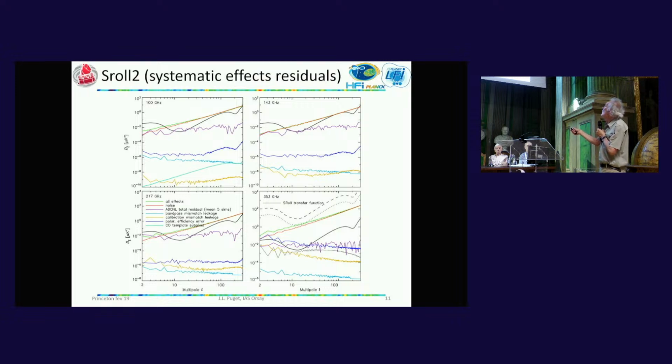So we are almost at the noise, and the noise of the bolometer. So the ADC, the analog digital converter, is basically what dominates for all these three frequencies.